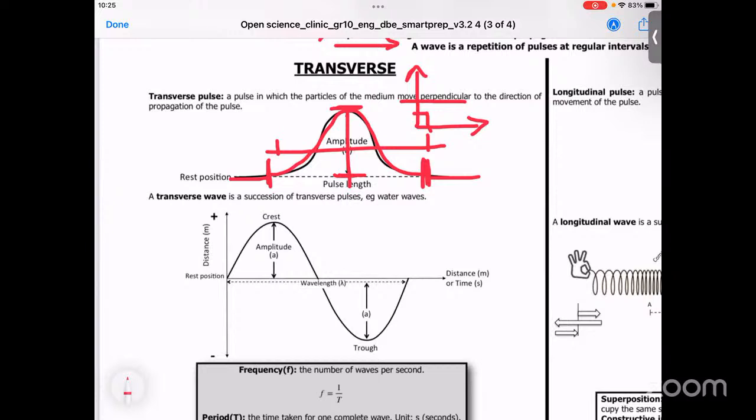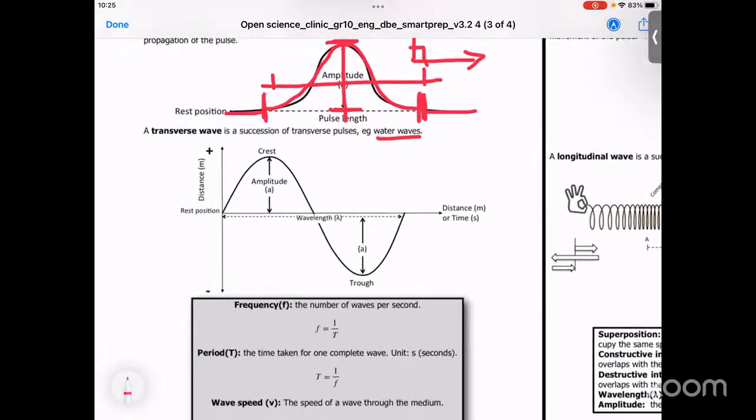For example, we can talk about a water wave. That is a situation where we can visually see a repetition of pulses forming a transverse wave.